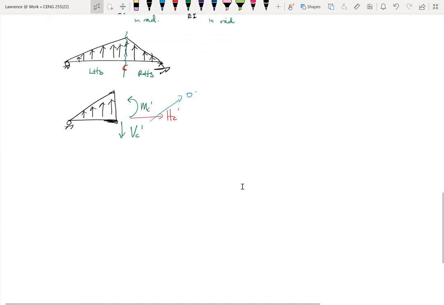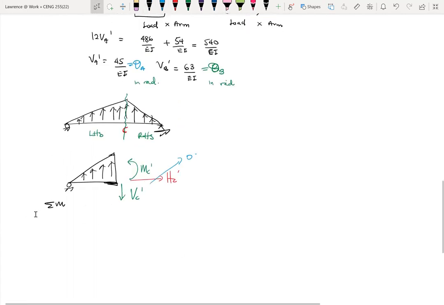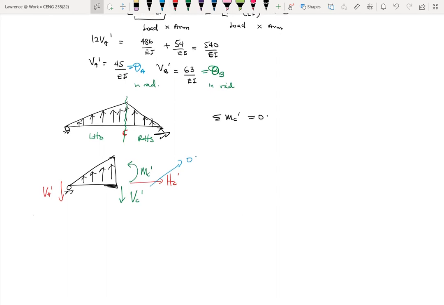So to find MC prime, we take summation of moments at C prime to be equal to 0. So we know our VA prime, given as 45 over EI, that we have already solved for.